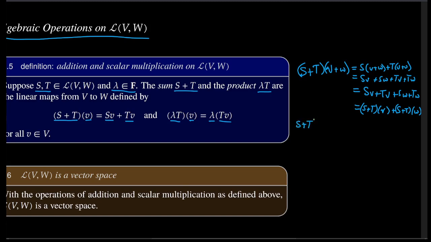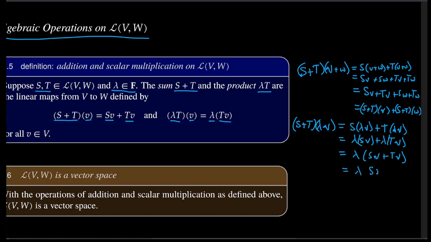You can do the exact same thing with scaling. It's not too bad. (S plus T) of lambda v here will be S of lambda v plus T of lambda v, which is lambda S of v plus lambda T of v, which is just lambda scaling S of v plus T of v by distributivity, which is just lambda of (S plus T) of v from the definition of S plus T. Oh, so it's homogeneous as well.